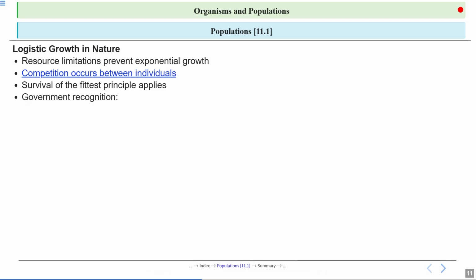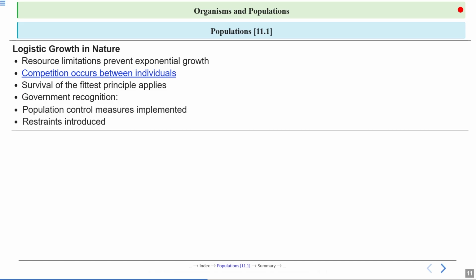Okay, now let's consider the role of government recognition. In many cases, governments recognize the need to manage the population growth to prevent overexploitation of the resources. Our resources are limited, so we have to control the population. So this involves implementing policies and regulations to ensure sustainable use of the natural resources.